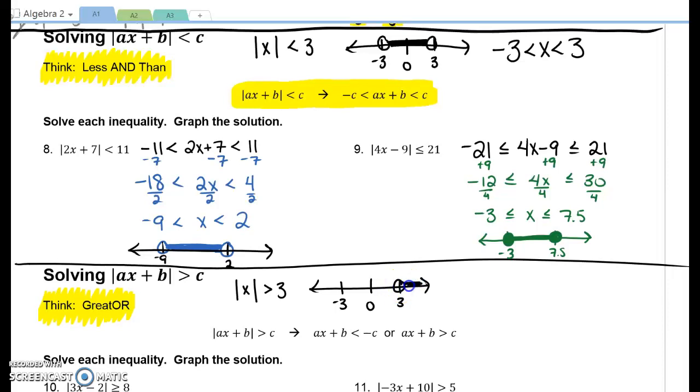That would be the kind of inequality where the two shaded ends point in opposite directions. These are or inequalities. X is going to be less than negative 3, farther away from 0 than negative 3, and x is going to be greater than positive 3, farther away from 0 than positive 3.